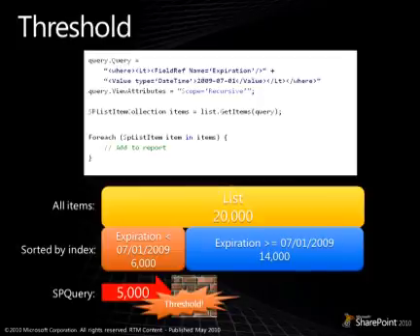This is the classical way of accessing the list information. We are querying the items from a list based on some query parameters. In this case, we want to fetch all items with the expiration before June the 1st. In code, we execute the query and would get an SPListItemCollection, and iterate through them using a foreach loop.